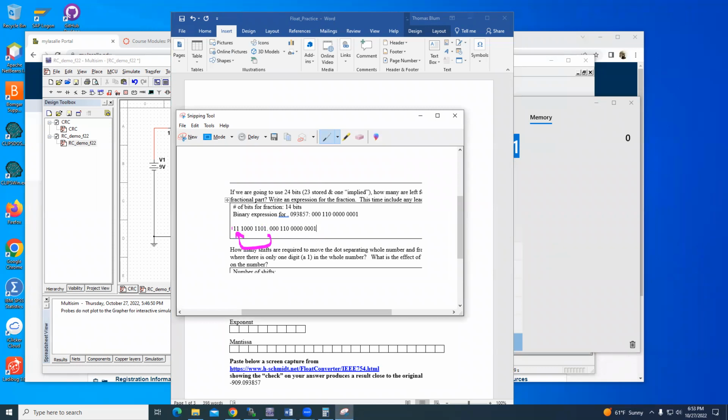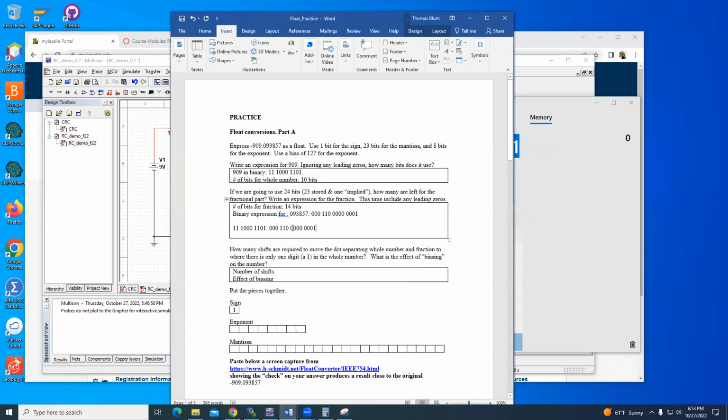So I have to move it 9 places. That looks terrible, I don't care. That says places. All right, 9. So the number of shifts I need is 9.